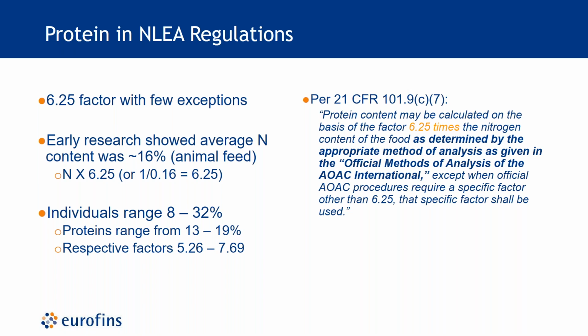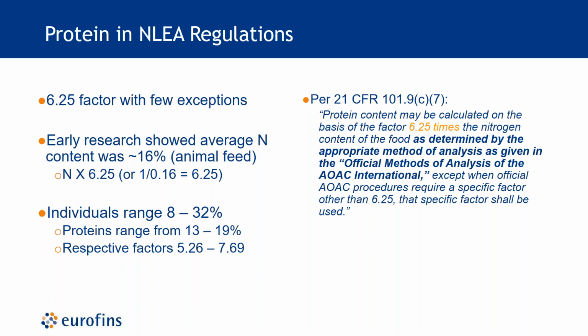You're probably wondering, okay, where did 6.25 come from? I will explain that, as well as the limitations that come with that. When you look at the basis of early determinations, when they were trying to determine protein and average nitrogen content, they were looking at animal sources of protein and animal feed. What they found was that the nitrogen content of proteins was about 16%.